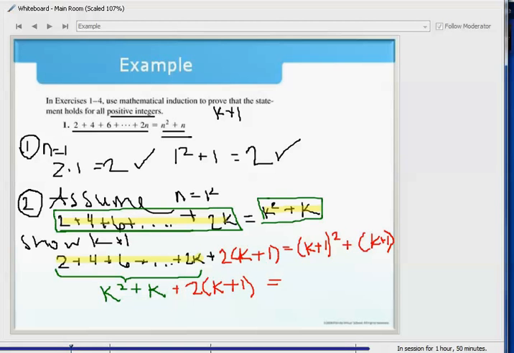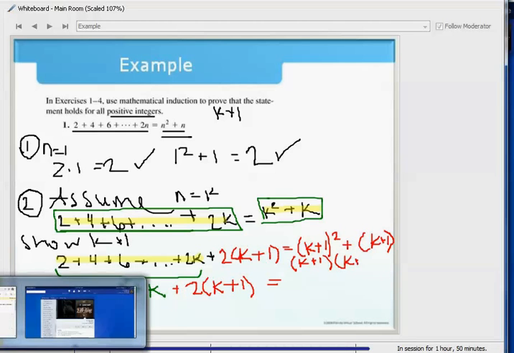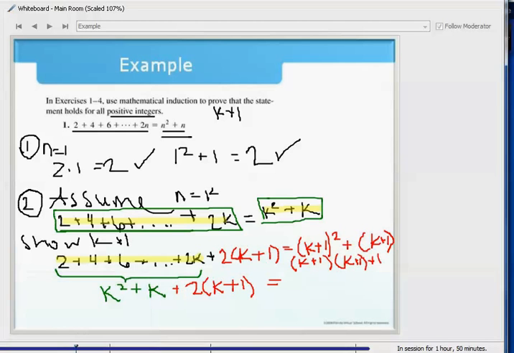On the right-hand side, I'm just going to go ahead and multiply this out so that you can see what we're trying to get towards. We first have to FOIL. So we have k squared plus 2k plus 1 plus k plus another 1. So our right-hand side becomes k squared plus 3k plus 2. Now let's see what our left-hand side is.